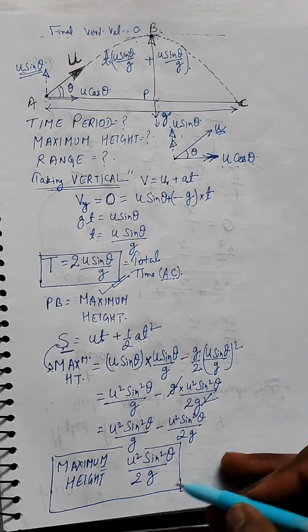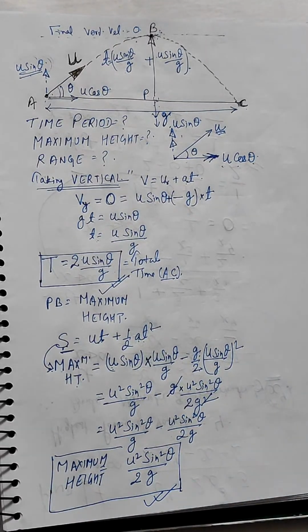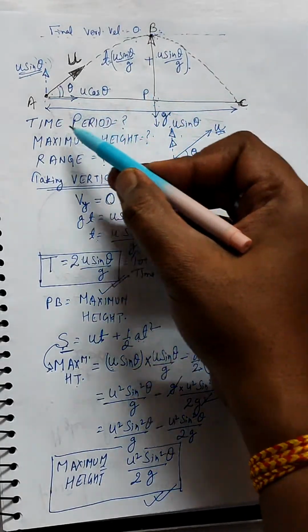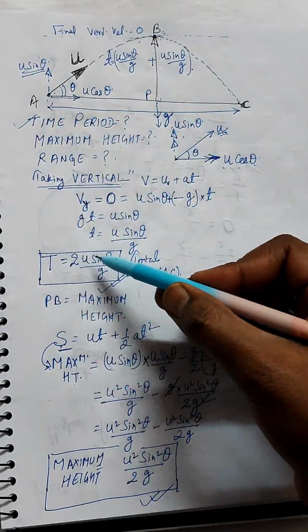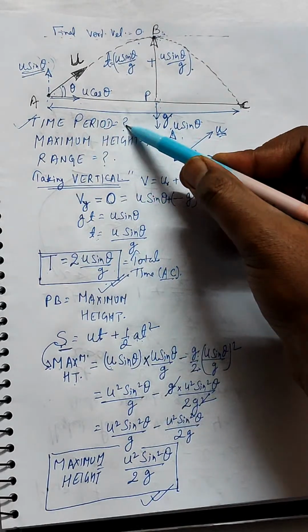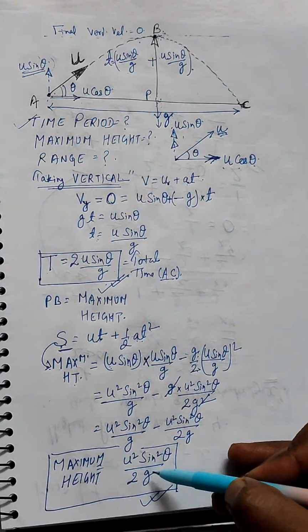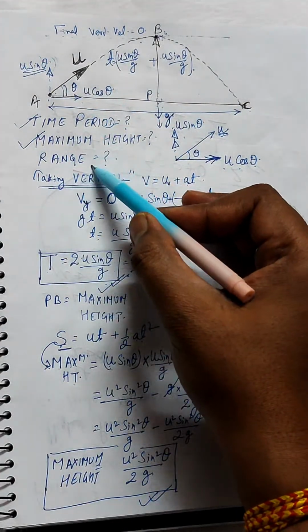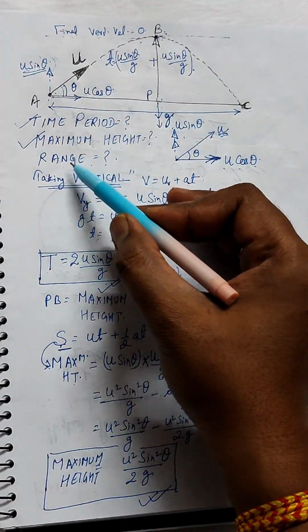So students, in this way we have derived the maximum height. We have calculated the time period 2u sin theta by g, and we have calculated the maximum height. Now the range is required to be calculated.